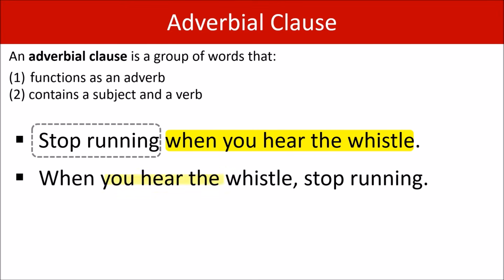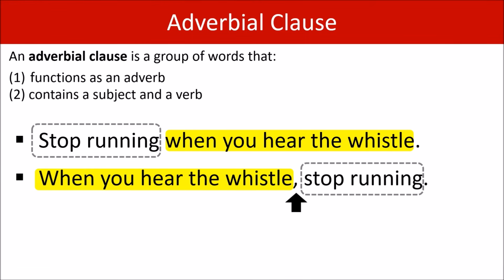Sometimes it's before. So look at this. When you hear the whistle, stop running. This time our main clause is at the end. It comes after our adverbial clause. But look at this. We now have a comma separating them. And it's a good practice because it lets the reader know when the adverbial clause has ended, and it shows the reader where the main clause starts. It makes reading much easier.